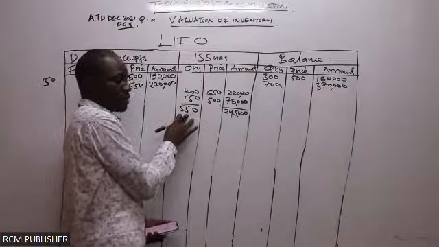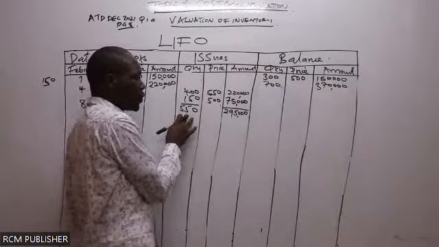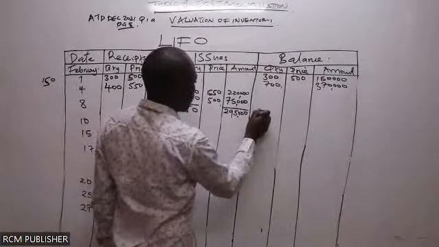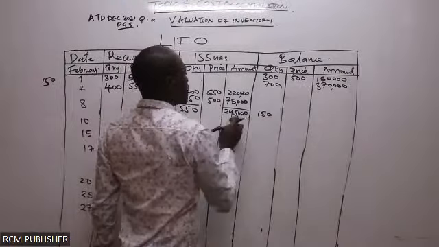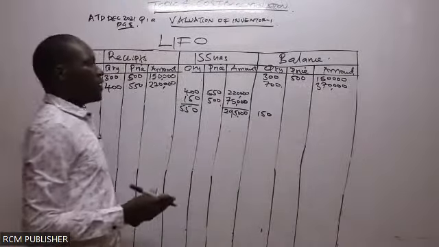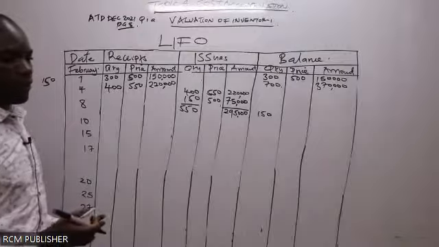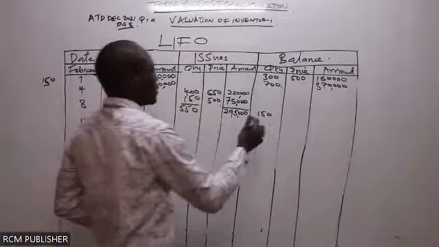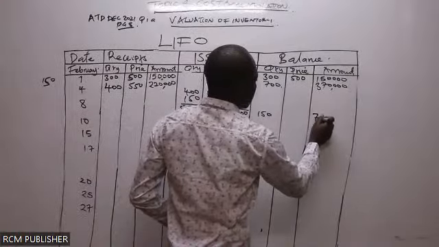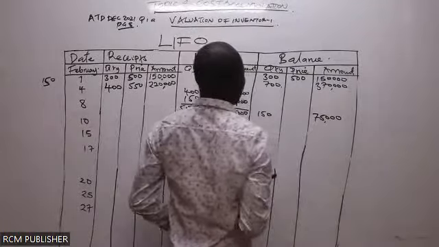What will be the balance? The balance remaining in the store is 150. And I want you to compare the two. The difference now is 370 minus 295, which is 75,000. That is what we have in the store.